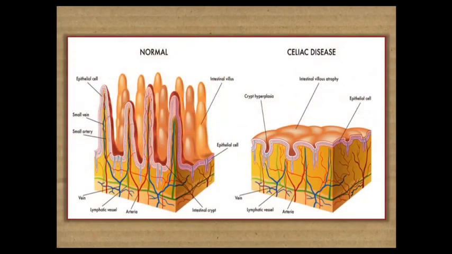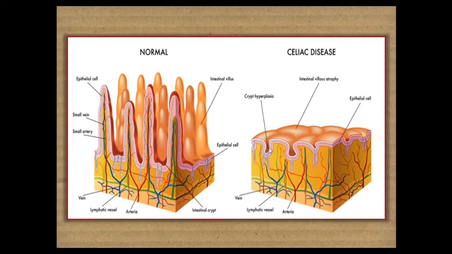So this picture shows the difference between the normal intestinal mucosa, here are the villi and the microvilli, and here is the abnormal, that is atrophied villi, and formation of a crypt, or we can say crypt hyperplasia.